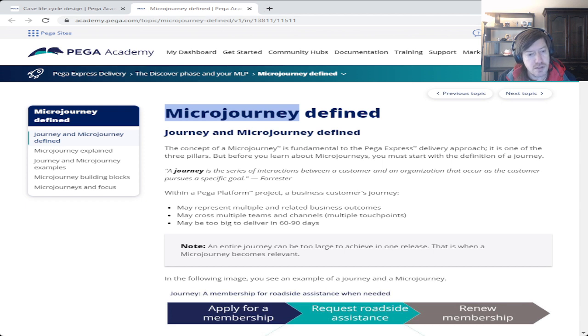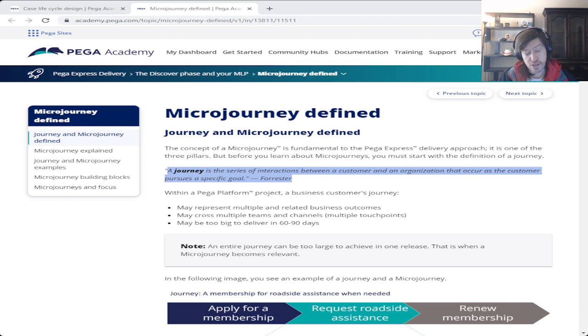That's a definition given by them. Actually, I'm kind of curious now. What is a journey defined as?